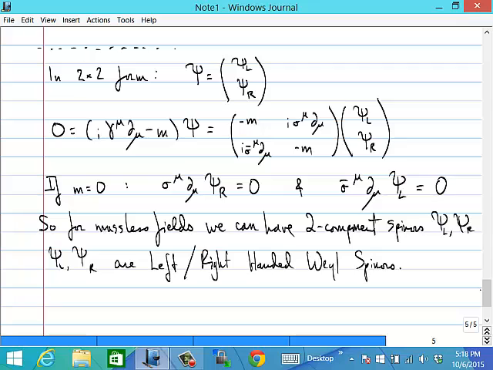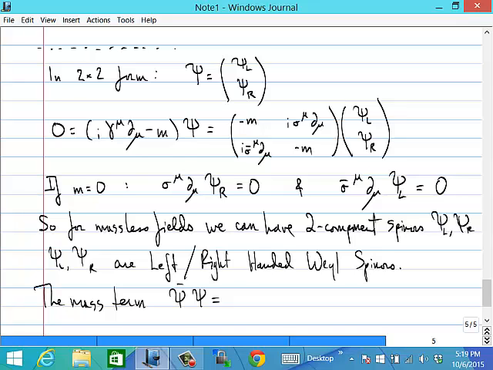If you want to consider theories with mass, however, then you need to consider a Dirac spinor, which is to say a pair of Weyl spinors which are left and right-handed. In particular, the mass term that we wrote down above in the Lagrangian, psi bar psi, if you wrote that out in terms of these Weyl spinors, what will that be?